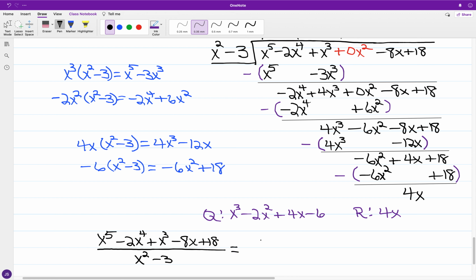So again, at the front you have the quotient, x cubed minus 2x squared plus 4x minus 6, and for the remainder over the divisor portion, the remainder is 4x. So we have x cubed minus 2x squared plus 4x minus 6, plus 4x all over x squared minus 3. All right, so again, if the divisor does not have a leading term of x to the first order, you're going to be looking at long division.